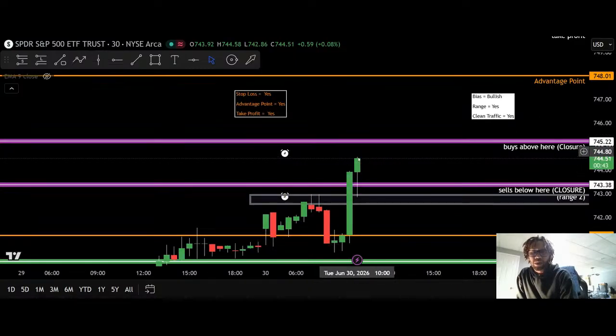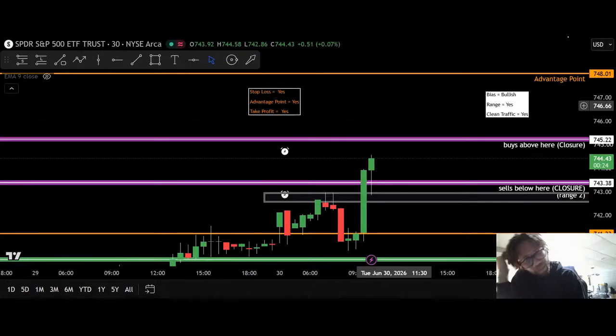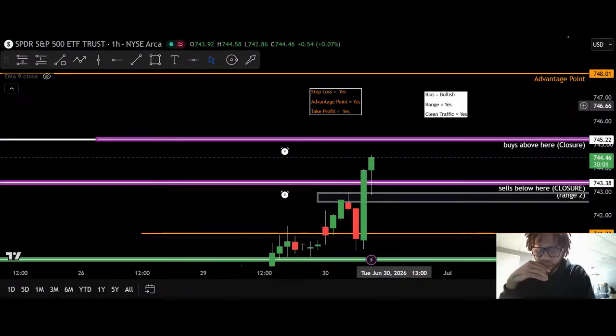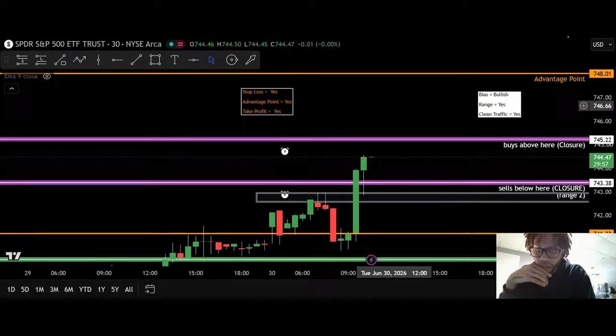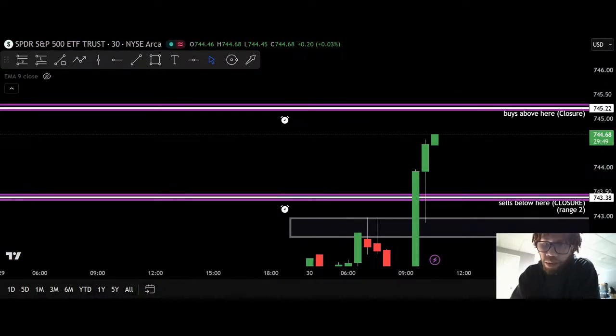Retested it. We continue to push up here. That is the 30-minute candle close, a little top wick as well.